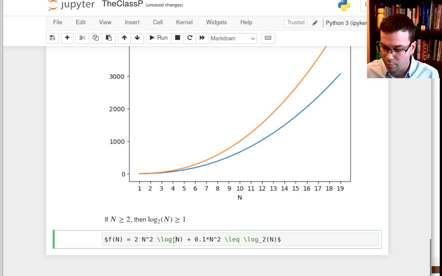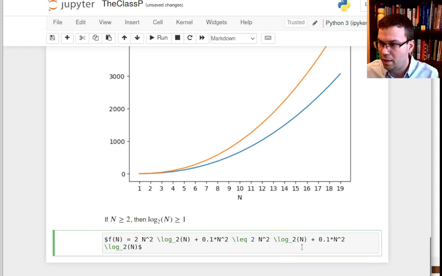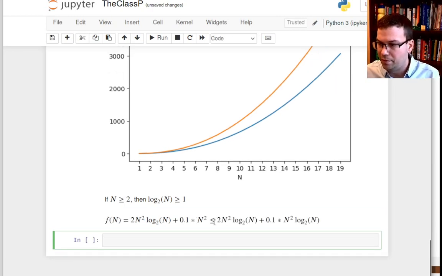So let me put the log base 2 here. And so I'll take this original equation and just multiply 0.1 times n squared by log base 2 of n. And so then I can say, because log base 2 of n is greater than or equal to 1 past that point, that the original expression is less than or equal to this.